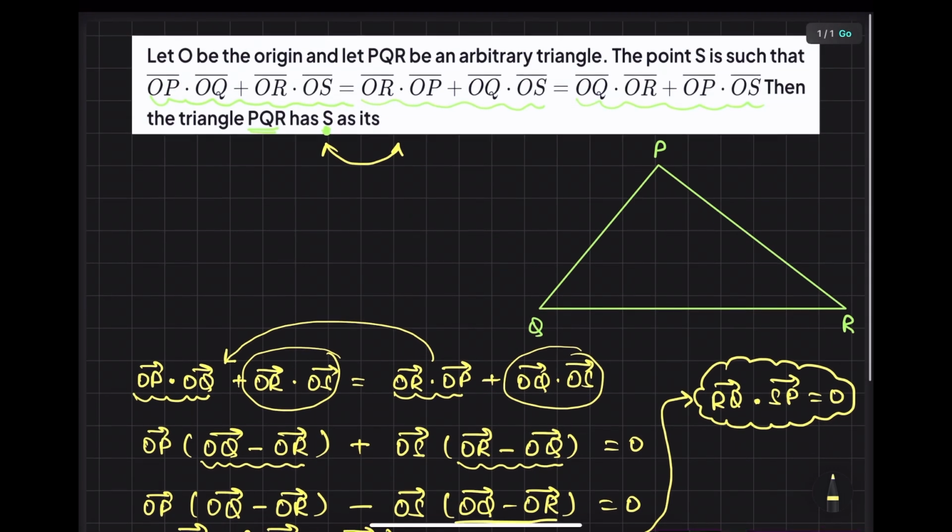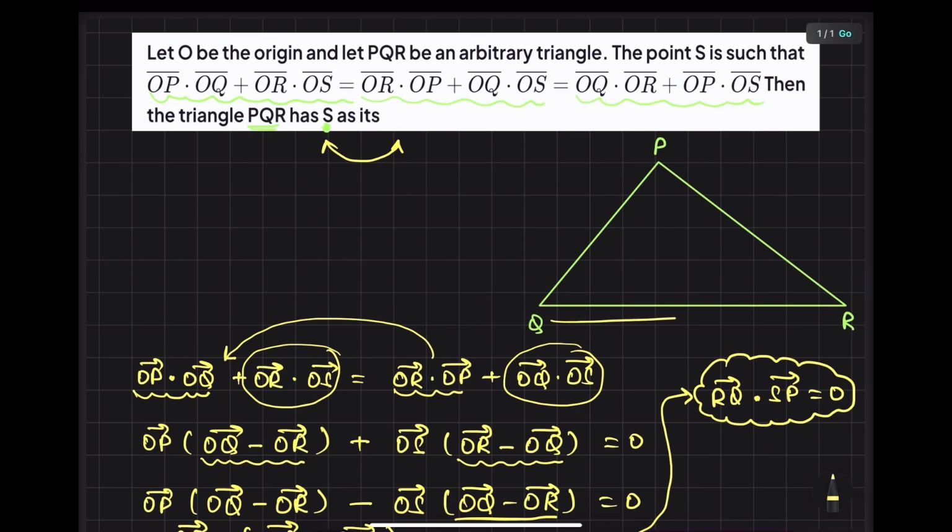Now RQ is this vector, SP is this vector, and the dot product is 0. You know that RQ is not 0, SP is not 0. So this means the angle between RQ and SP will be 90 degrees.